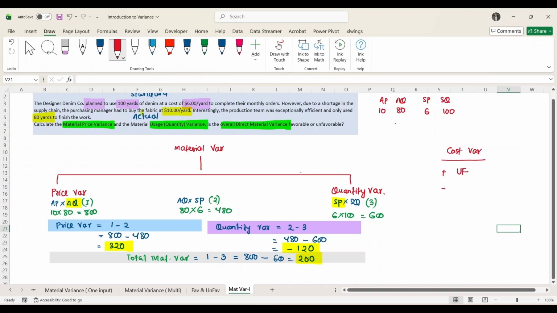And if it's a negative, that means we have incurred less cost and this becomes favorable. So this 320 becomes unfavorable and this minus 120 becomes favorable, and this overall 200 becomes unfavorable.